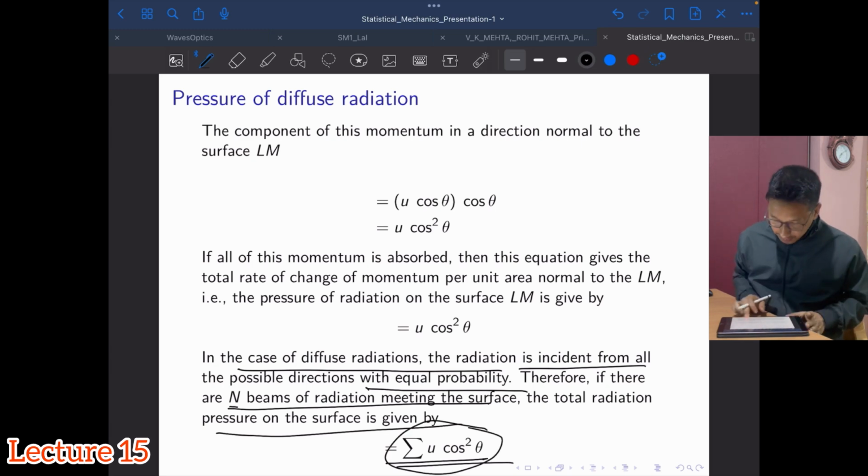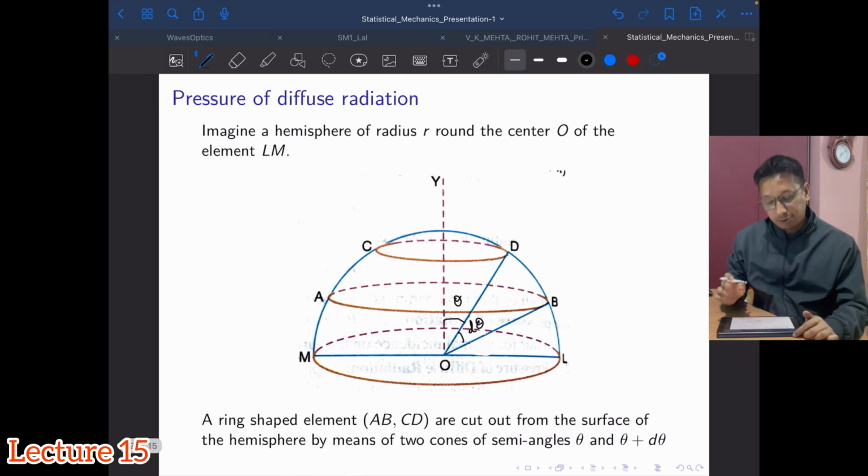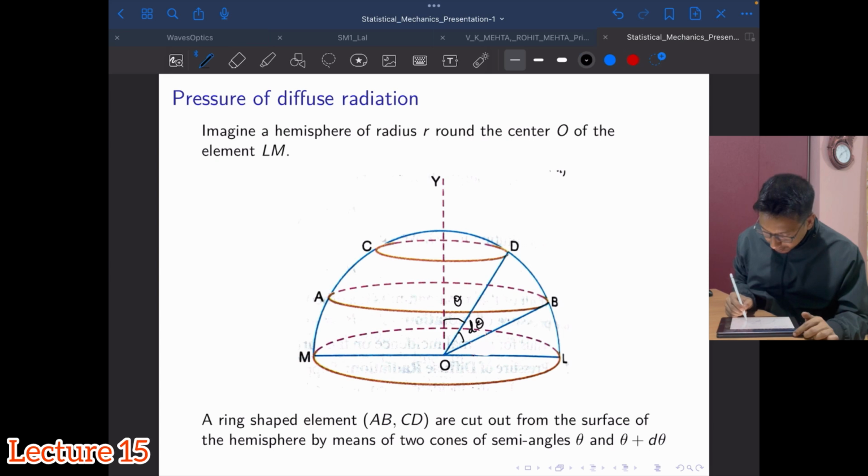Let's start. You have to consider a hemisphere. Let's say your surface LM is here, the same surface, with O as the center. I draw a hemisphere with this M, A, C, D, as you can see.